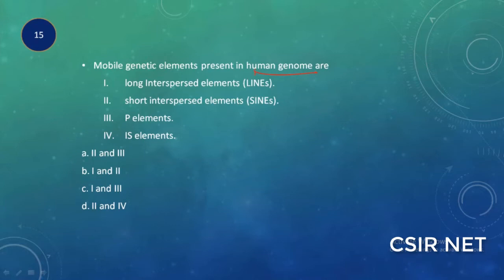Option A is 2 and 3, means SINE and P elements. Option B is 1 and 2, means LINE and SINE. Option C is 1 and 3, which is LINE and P element. And option D is 2 and 4, which is SINE and IS elements. Your time starts now.